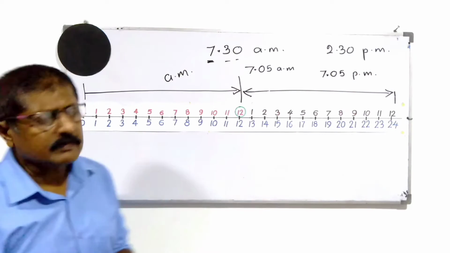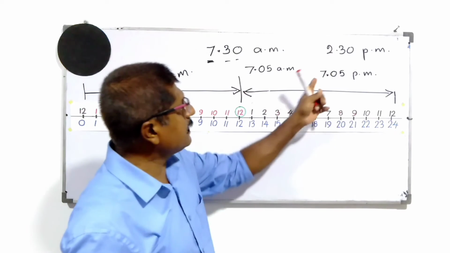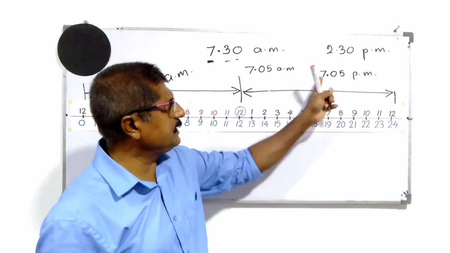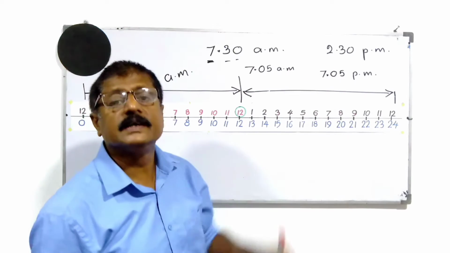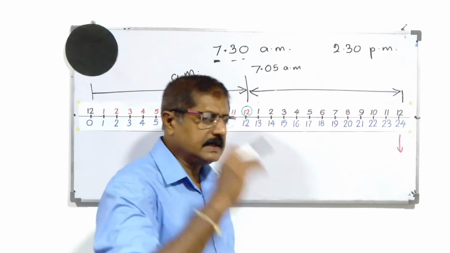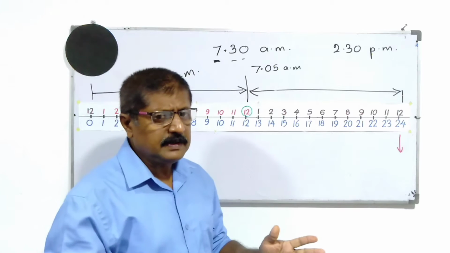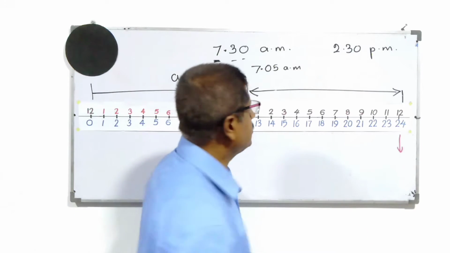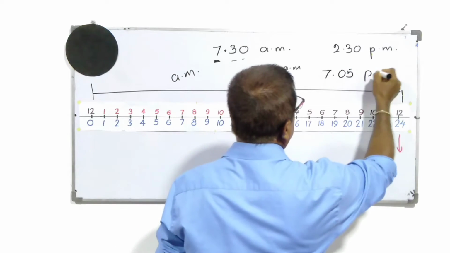You must always use 2 digits for the minute section, but if you have only 1 digit for the hour section, you can put only 1 digit, and there must be a dot in between to separate the hours and minutes. If it is 7:05 in the evening, it belongs to the post meridian, so it is 7:05 PM.